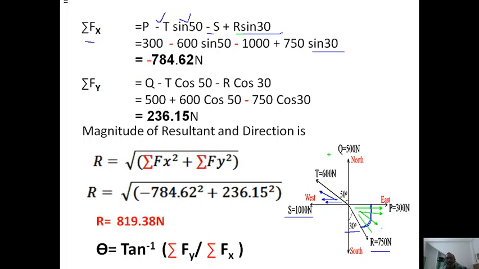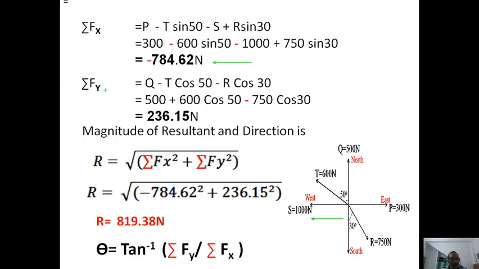That means the resultant of sigma Fx is negative. So remember, this is the negative sign. So it gives the negative direction.